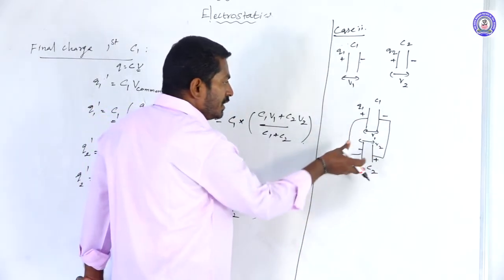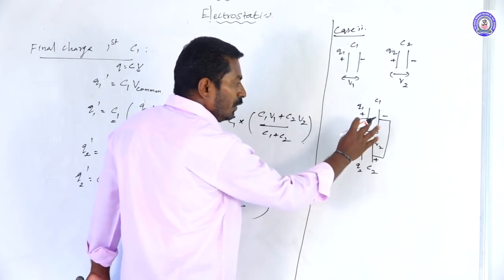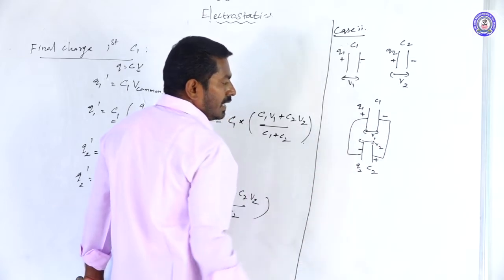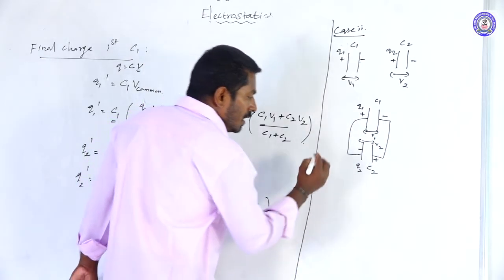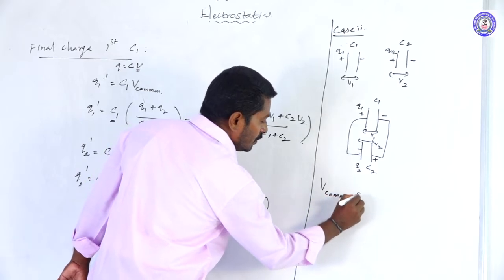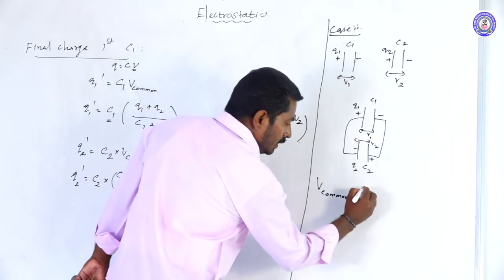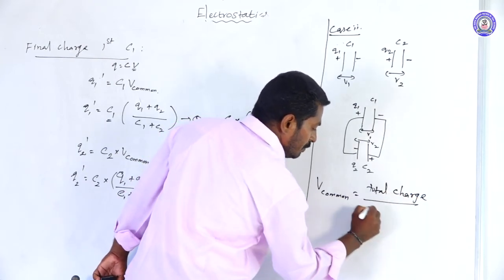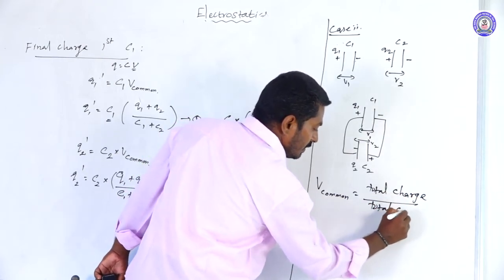Then only redistribution of charges takes place in the conducting wire until both capacitors attain a common potential. In this case, the common potential V common is equal to total charge divided by total capacitance.